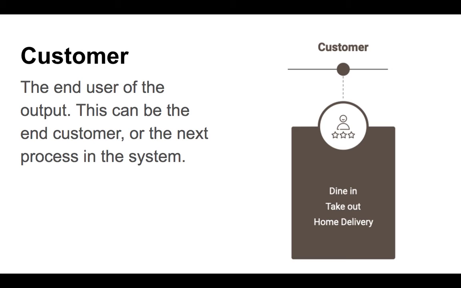Before the food gets to the end customer, which is the person that's actually going to eat the food, it has to be transferred from the kitchen to the table by a waiter or a waitress. That's another part of the process. The food that's cooked now has to be transported to the end customer.